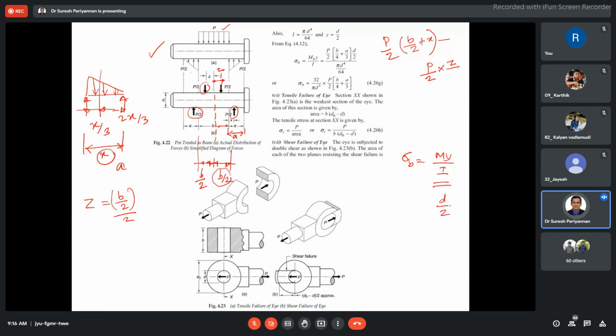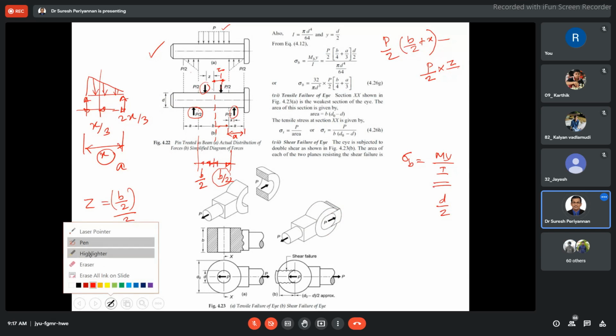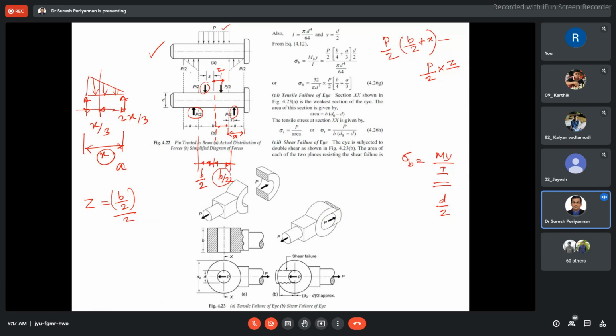Then substitute into this equation, and finally we get bending stress equal to 32 divided by pi d cube into P by 2 into B by 4 plus A by 3. Now here we should know the permissible bending stress. Then we are able to find out the width, B or A.